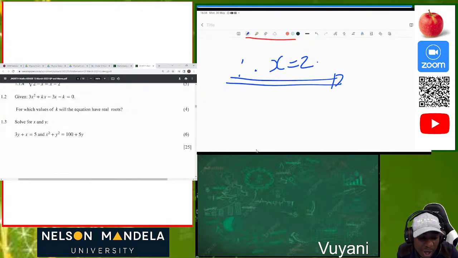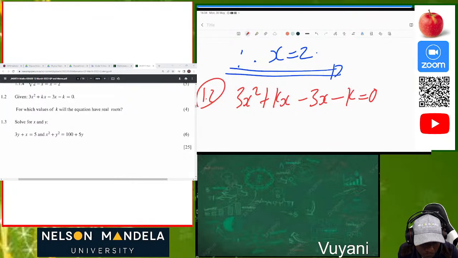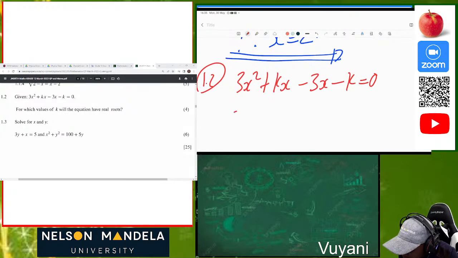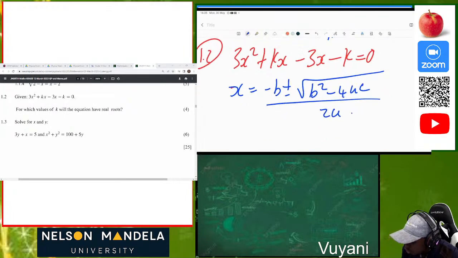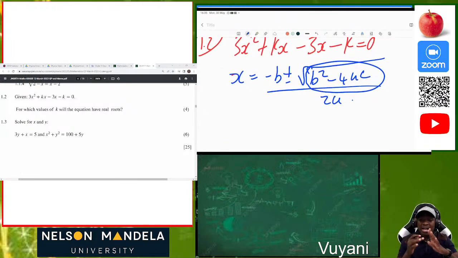So this is what we call the nature of roots. There is this section of nature of roots. On the section of nature of roots, what is important is to understand that from our quadratic formula, which says that x is equal to negative b plus or minus square root of b squared minus 4ac all divided by 2a, what we have inside here under the square root is what we look at when we are looking at the determinant.